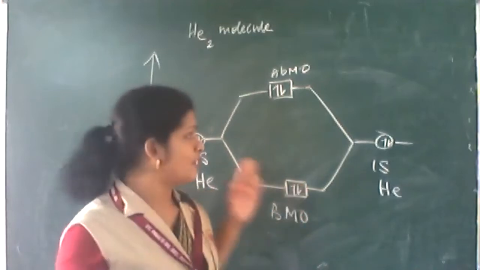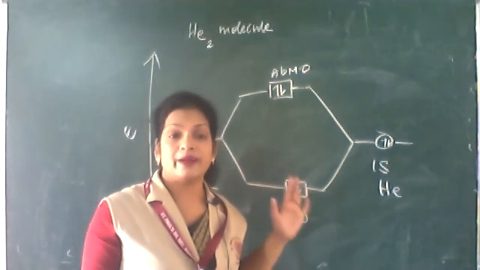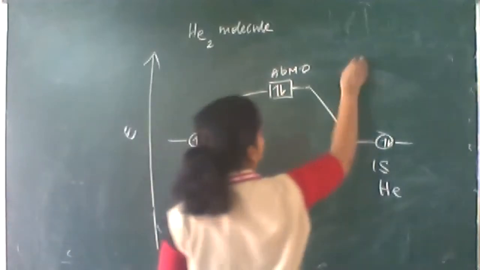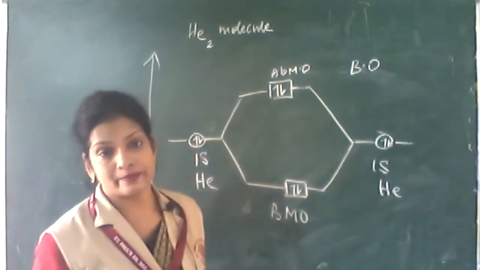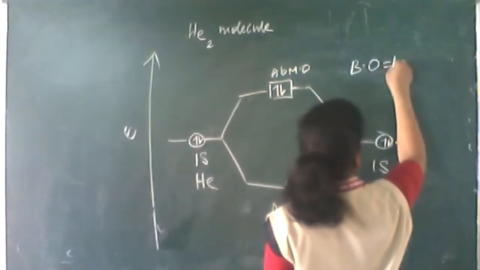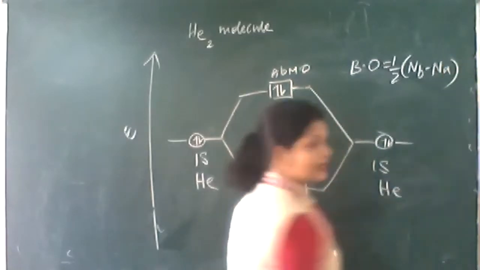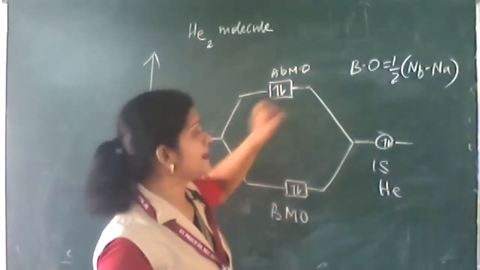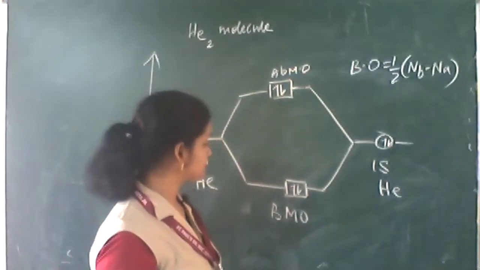You can find out whether the He2 molecule will be formed or not by checking its bond order. Another characteristic, bond order. We learned that the number of bonds present between two atoms is called bond order. Bond order is calculated by half into Nb minus Na, where Nb is the number of electrons in the bonding molecular orbital and Na is the number of electrons in the anti-bonding molecular orbital.